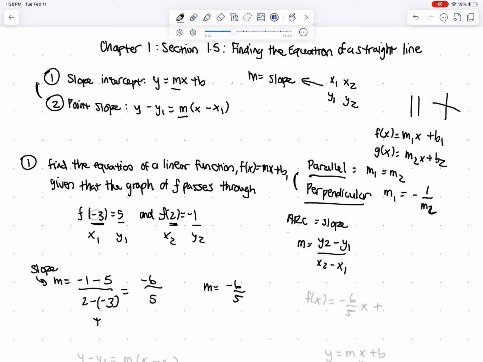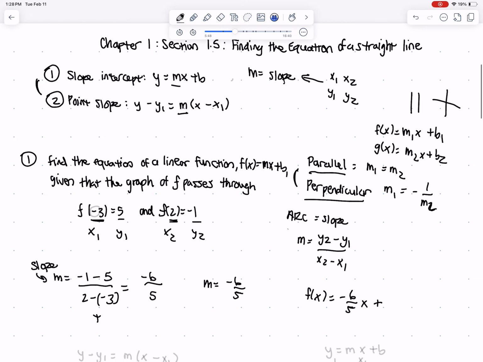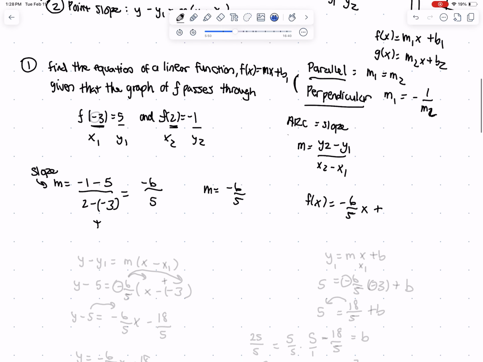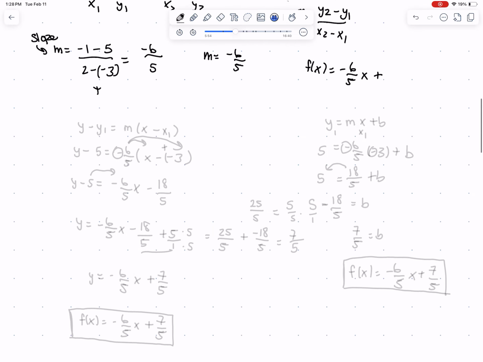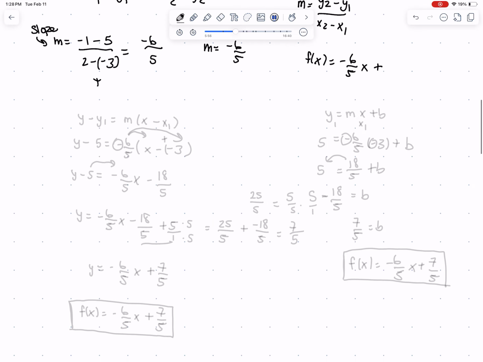Great. But we're asking for the full extent of the function, so the full function. Now we know what our m is, so -6/5. We have our first piece. Now we have to find our y-intercept in this case. We can solve this using point slope form, or we can use the y-intercept form. I'm going to start by showing the point slope form, and then we'll do the y-intercept form.